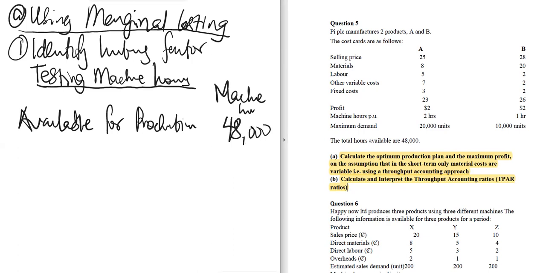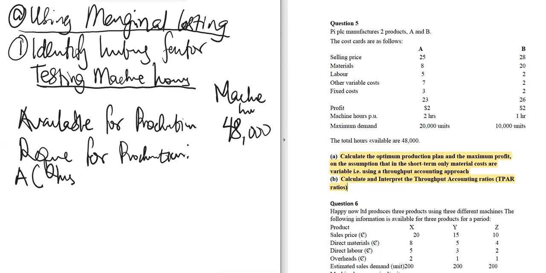48,000. So how much do we require for production? Now we have two products, right? So for product A, it says we need 2 hours per unit. But how many units are we producing? It says we need 20,000 units under a just-in-time system.